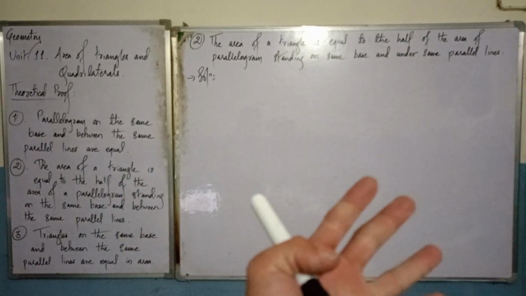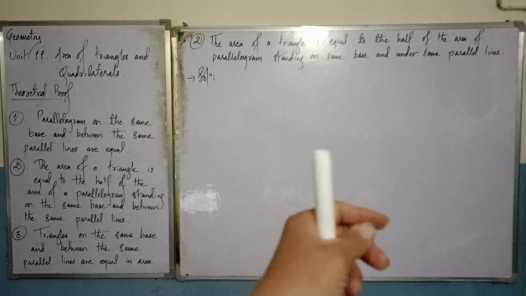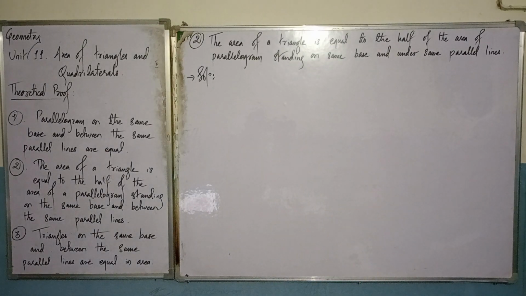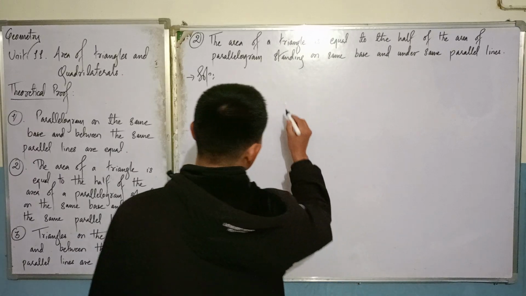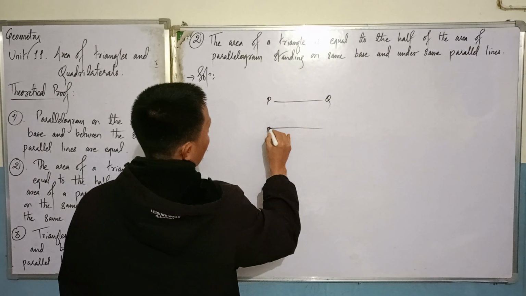For the next theorem, I'll be using the same methods to prove this theorem also. The area of the triangle is equal to half of the area of a parallelogram standing on the same base and between the same parallel lines. What is meant by that is, there are 2 parallel lines, PQ and RS.